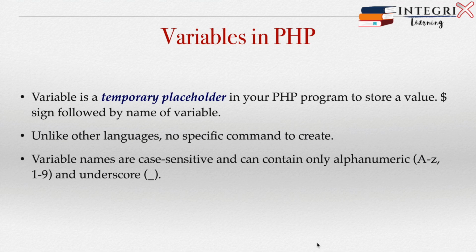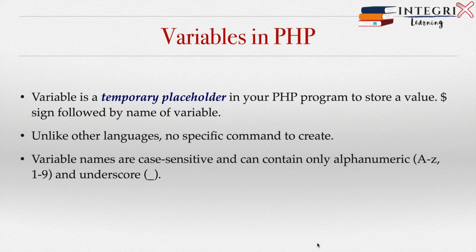In PHP, there is no specific syntax for defining a variable. You just start using a variable by assigning a value to it, and that's how you create it. The variable names in PHP start with a $ sign, and the names of the variables are case sensitive.